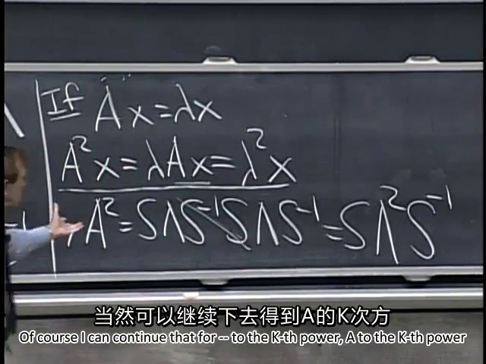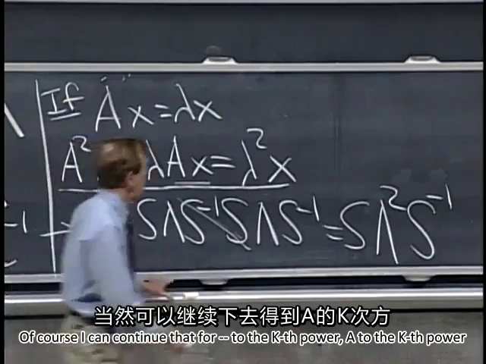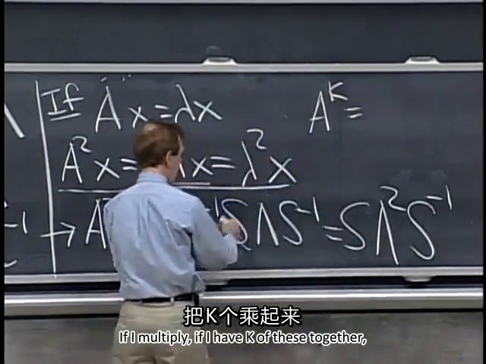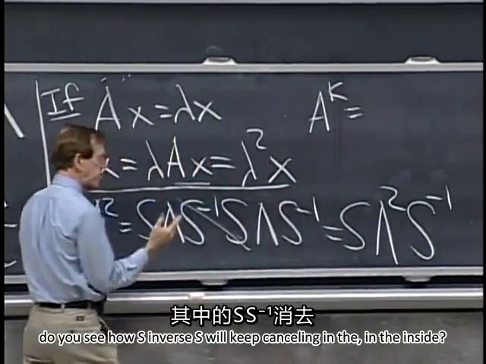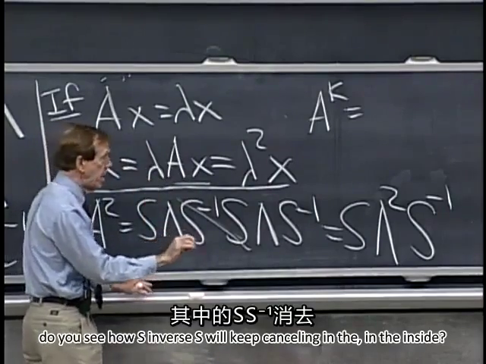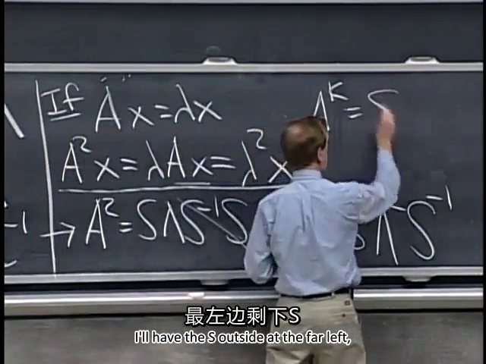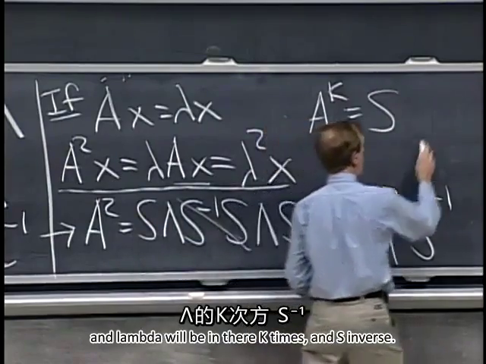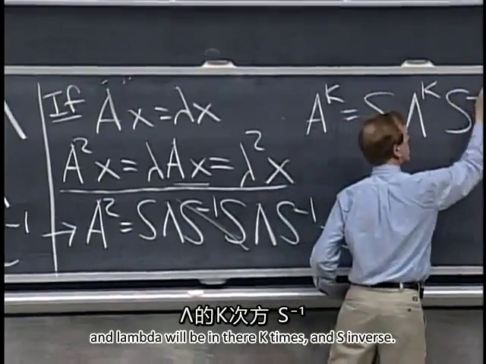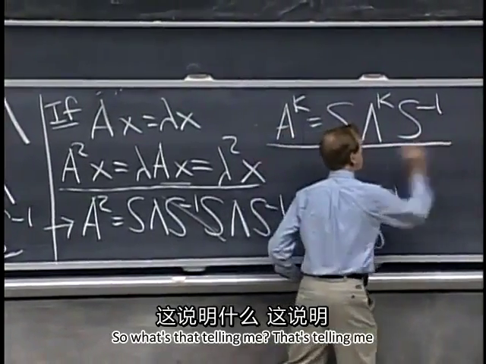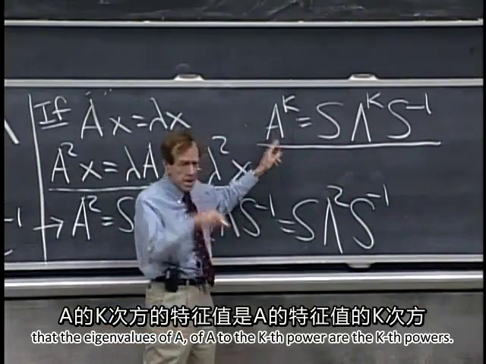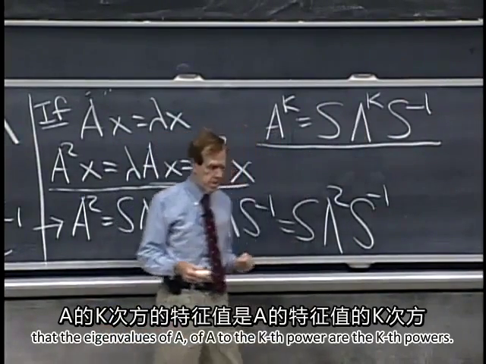Now, of course, I can continue that to the kth power, A to the kth power. If I have k of these together, do you see how S inverse S will keep canceling? On the inside, I'll have the S outside at the far left, and lambda will be in there k times, and S inverse. So what's that telling me? That the eigenvalues of A to the kth power are the kth powers.